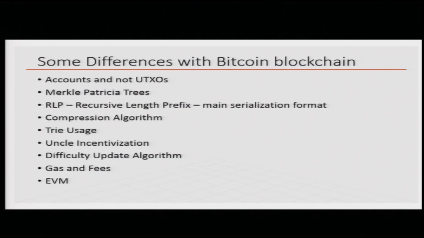Another interesting difference between the Bitcoin blockchain and Ethereum is that in Bitcoin there is no concept of a real account. Everything is kept track of by unspent transactions.